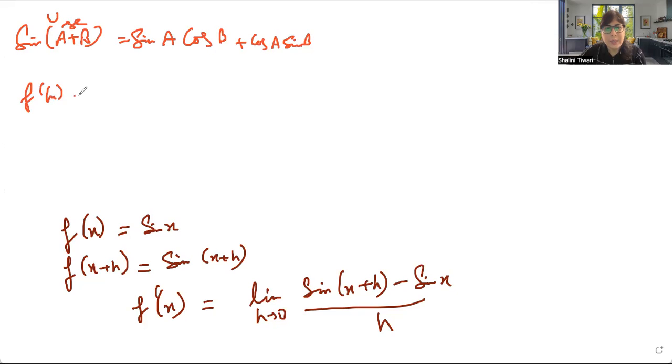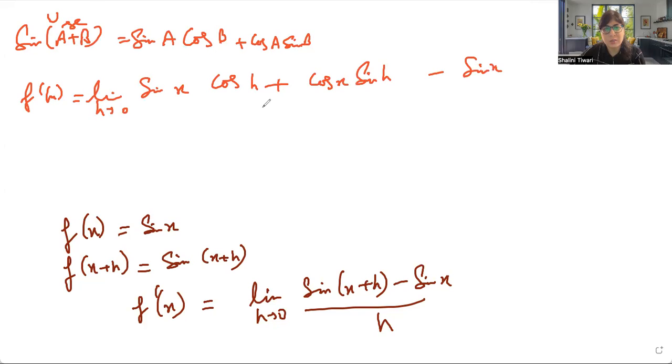So now f dash x becomes limit h tends to 0, sine x cos h, because a is x, b is h, plus cos x sine h minus sine x, now over h.